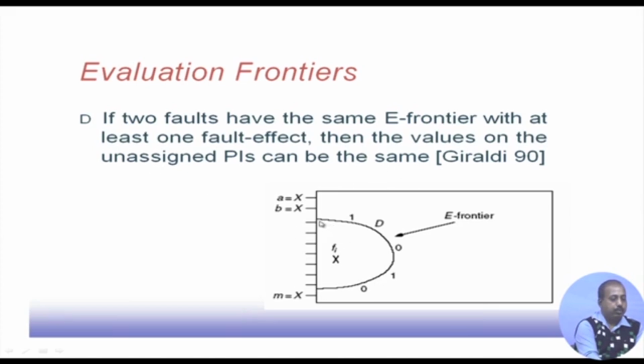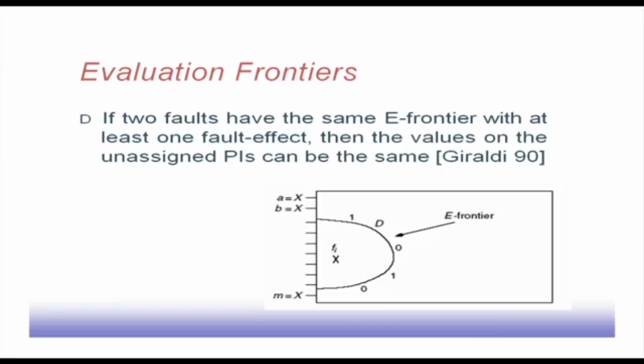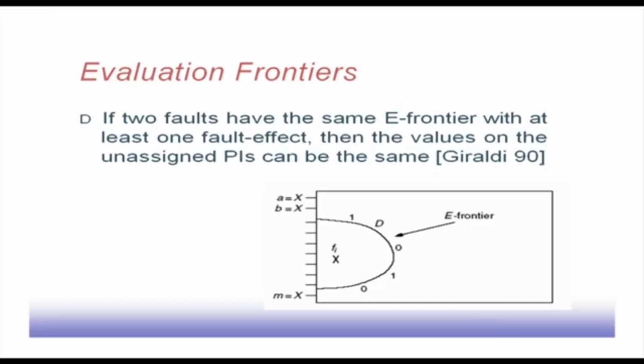So, if you find that two faults have the same E frontier, and we have already computed the primary inputs for the first fault, we do not need to compute primary inputs for the second fault, because for that E frontier the same set of assignments can be used. So, if we maintain the list of E frontiers for all the faults that we have processed so far, then whenever we try a new fault and see that its E frontier becomes the same as some previously computed E frontier, we can directly take the input assignment part from the first test pattern. That way the process of test generation may be made faster.